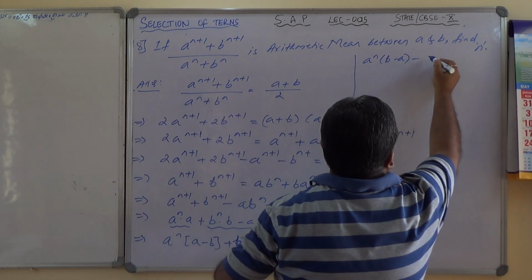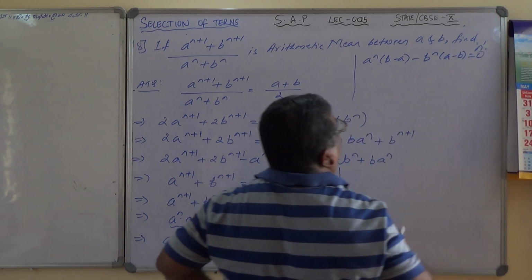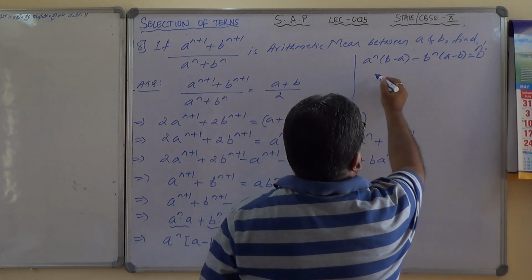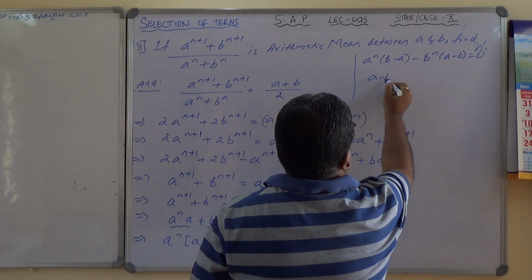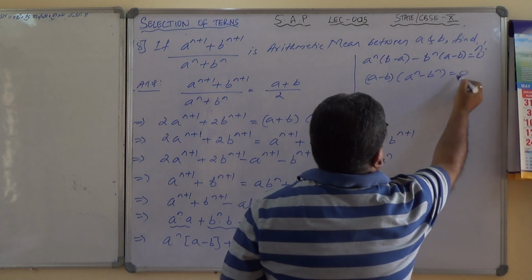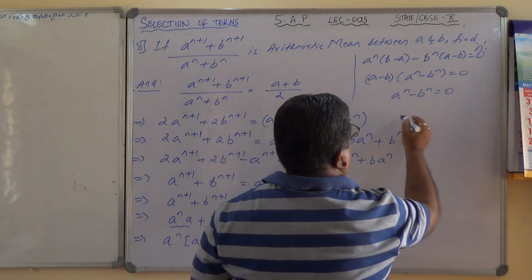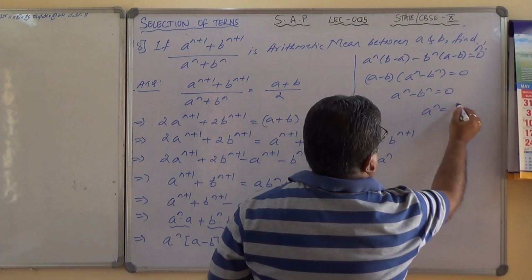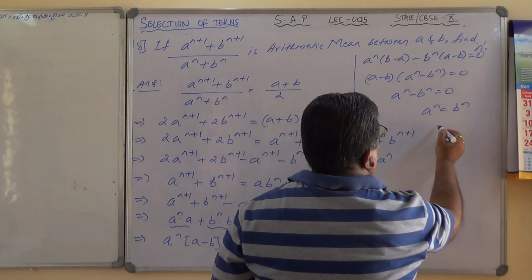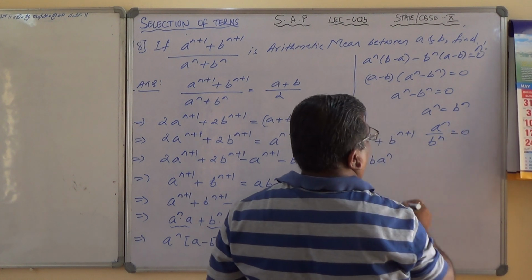Minus b to the power n into a minus b equals 0. So what is common here? a minus b is common. a to the power n minus b to the power n equals 0. So a to the power n minus b to the power n equals 0. a to the power n equals b to the power n.